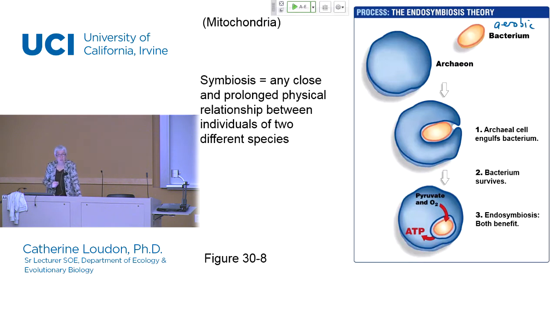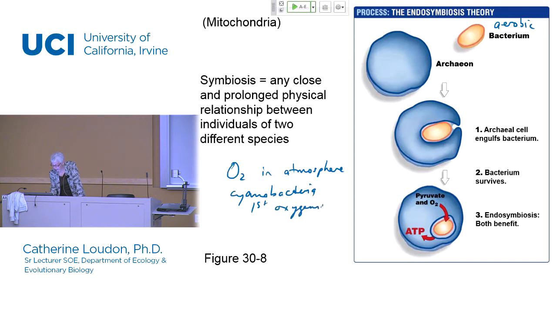Remember, thinking back, where did the oxygen in our atmosphere come from? Oxygen in the atmosphere is all of biological origin. You may or may not remember that it was the cyanobacteria that were the first oxygenic photosynthesizers. So the cyanobacteria, the very first photosynthesizers, were producing large amounts of oxygen and expelling it into the atmosphere.